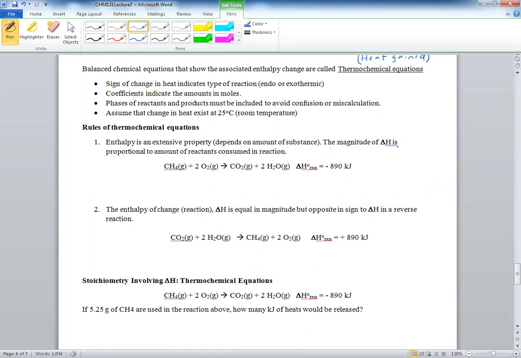So the magnitude of delta H is proportional to the amount of reactants consumed in the reaction. Meaning, in this case, if we look at this equation and it says delta H rxn, the enthalpy of the reaction, is negative 890 kilojoules. So this right away should tell you that this is exothermic.